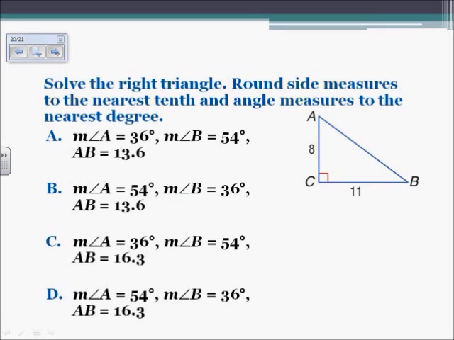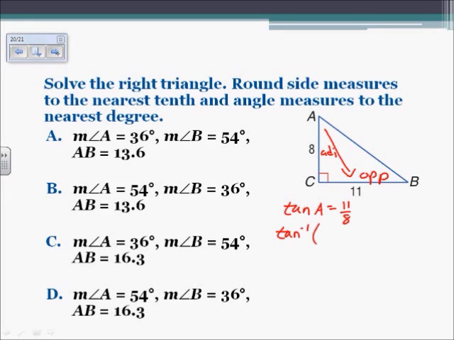Alright, last example. It says solve the right triangle. Round side measures to the nearest tenth and angle measures to the nearest degree. So to solve the right triangle, what we're going to have to do is use trig to start with. So we'll use the opposite and the adjacent from angle A. That'll give us the tangent of A is equal to 11 over 8.